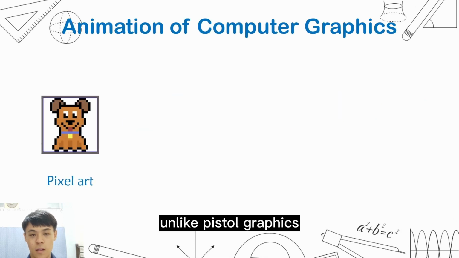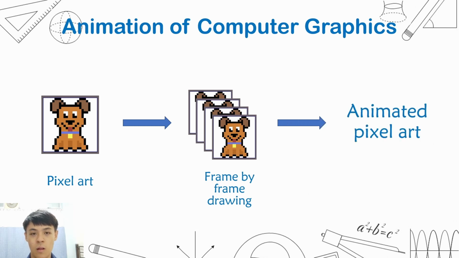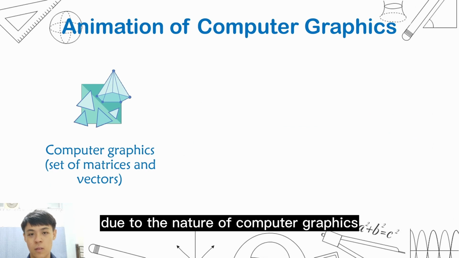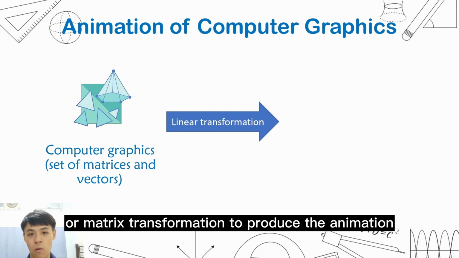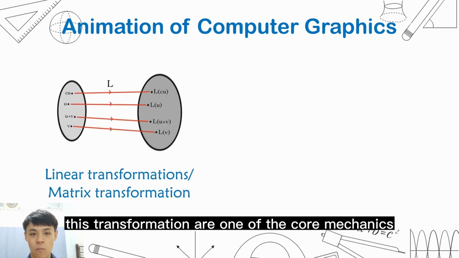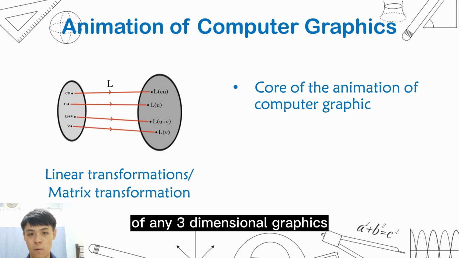Unlike pixel graphics that had to generate thousands of frames to produce the animation, due to the nature of computer graphics as just a set of vectors or matrices, it can employ different types of linear transformation or matrix transformation to produce the animation. These transformations are one of the core mechanics of any three-dimensional graphics.